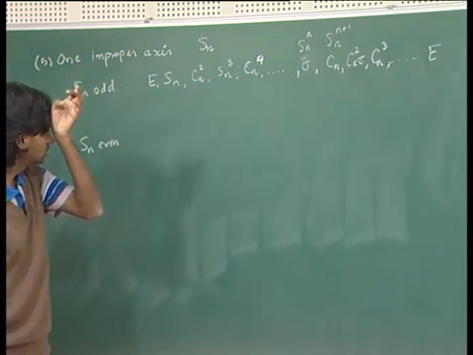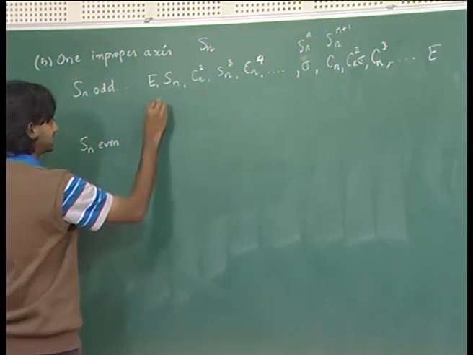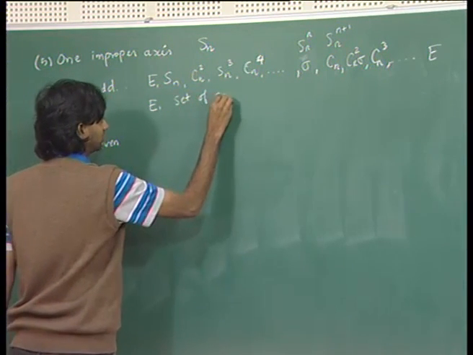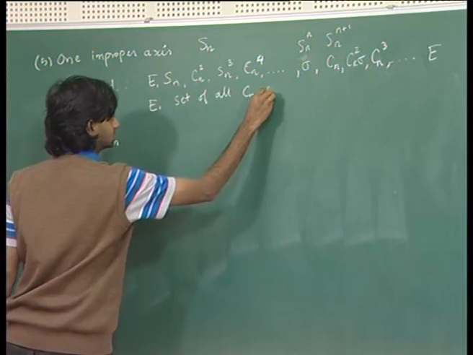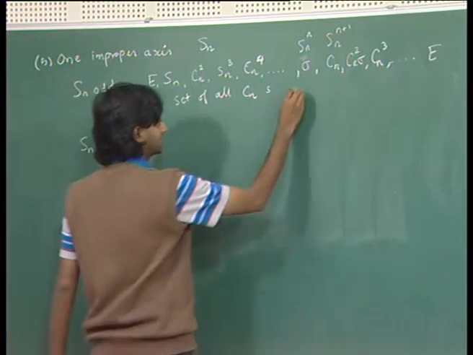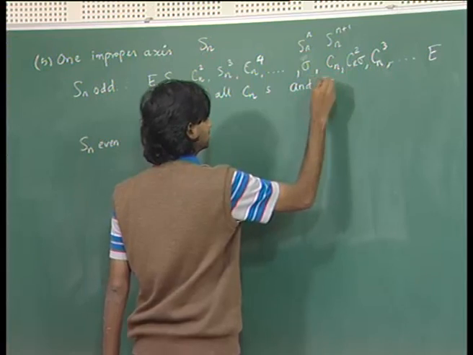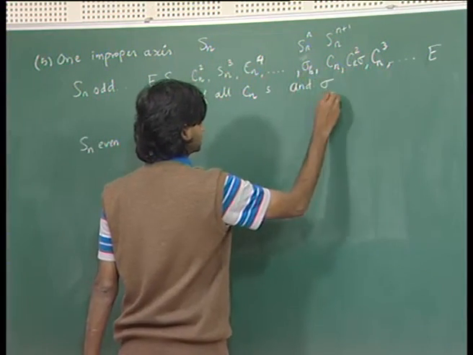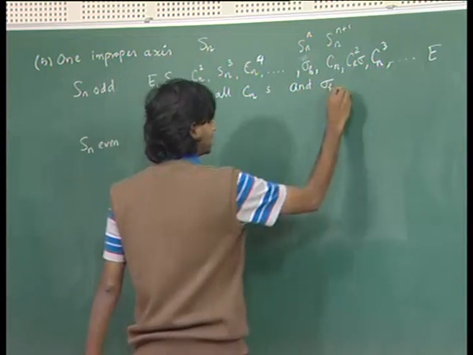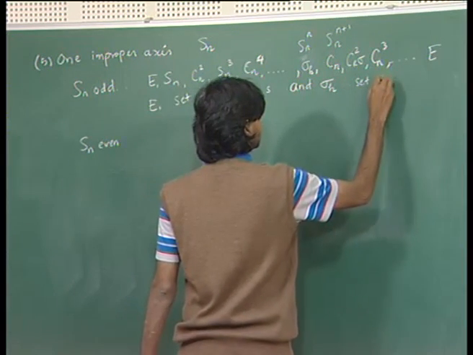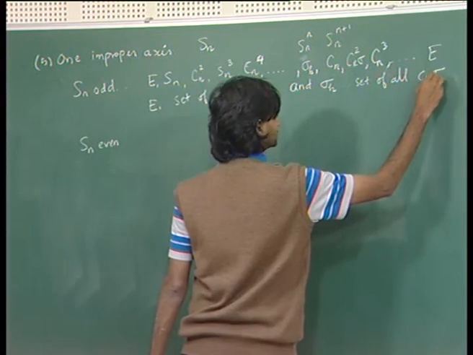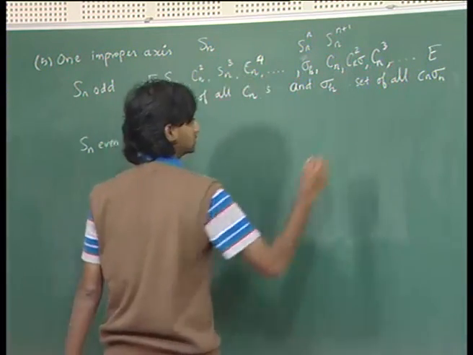So, essentially Sn generates the set of all Cn's, and sigma, we can call it sigma h, and the set of all Cn sigma h.